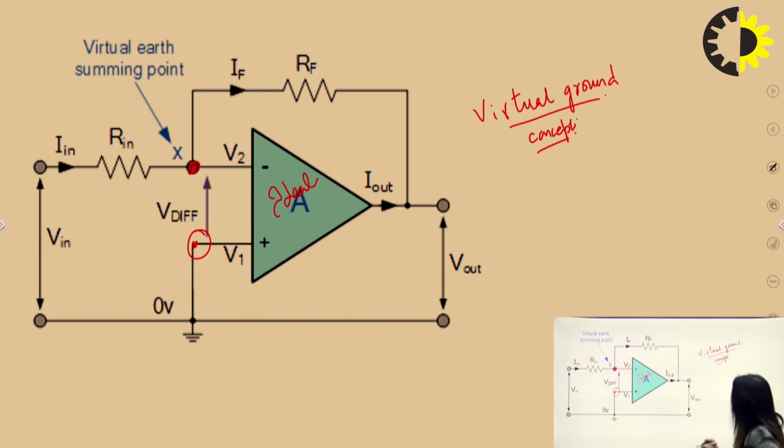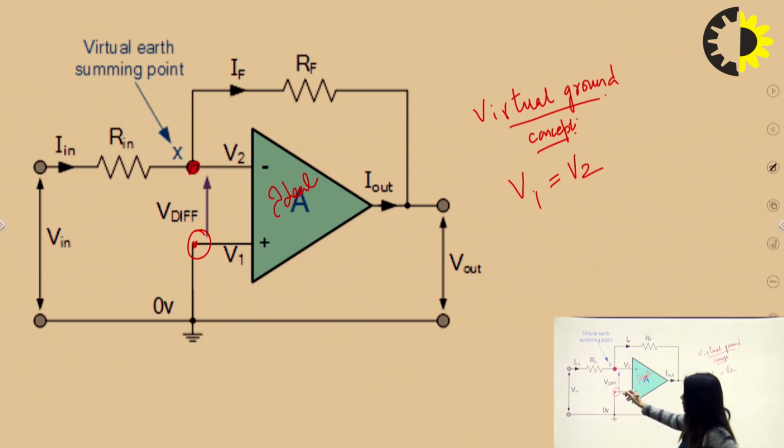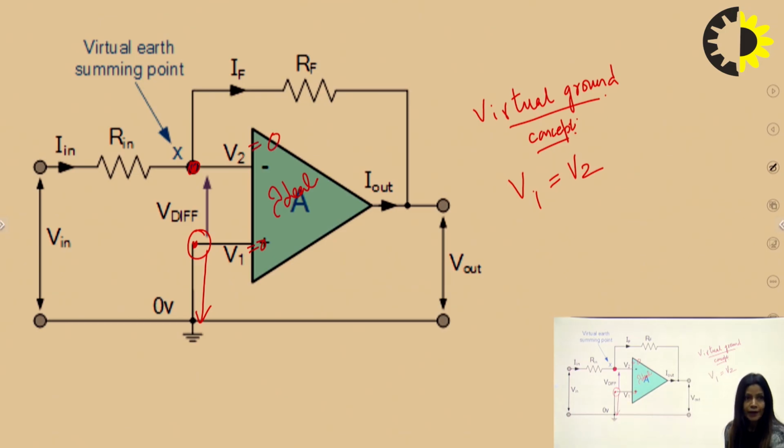From the virtual ground concept, for the ideal op-amp, we say that V1 is equal to V2. In this figure, if V1 is 0 because it has been connected to the ground, V2 automatically becomes equal to 0 as shown in the figure. So this is known as the virtual ground concept for the op-amp.